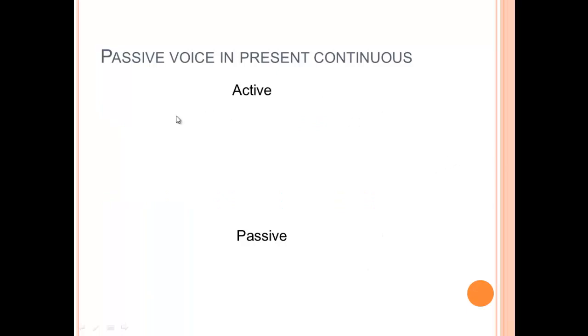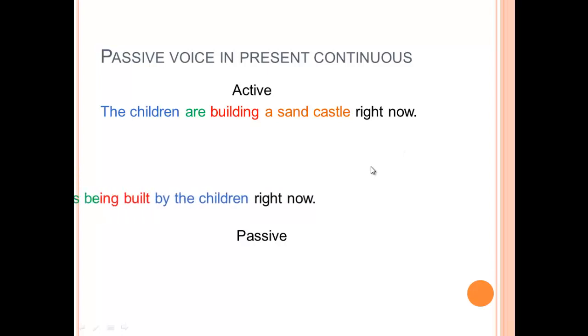Okay, another one. Here we go. The children are building a sandcastle right now. Okay, let's analyze it. Children is the subject and it's in plural form. Are building is the verb to be plus verb with ing. A sandcastle is the object and it is singular, and right now is the time indicator.